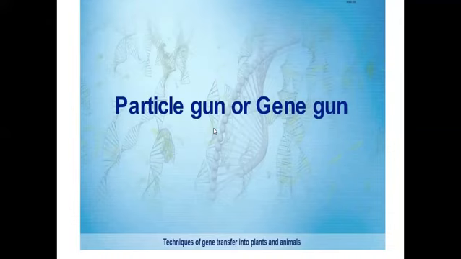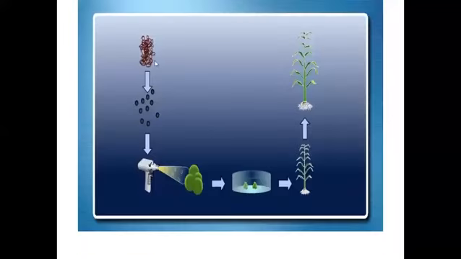The selected tDNAs, target DNAs, are coated with gold or tungsten to make tDNA bullets.